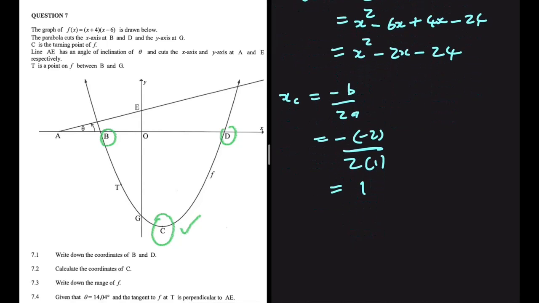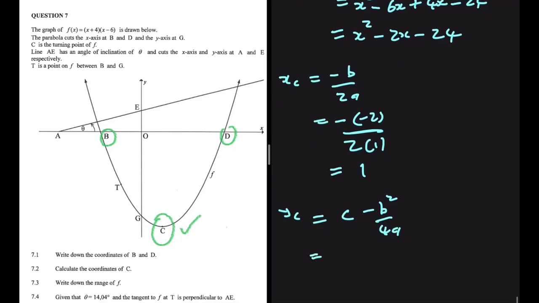Now we come to the y value of C. This is what I was referring to. We actually have a formula for that. We can substitute back into our equation, but we don't really have to do that. The formula is c minus b squared divided by 4a. So what is the value of c, the constant? That is minus 24. So we're going to have minus 24 minus b squared.